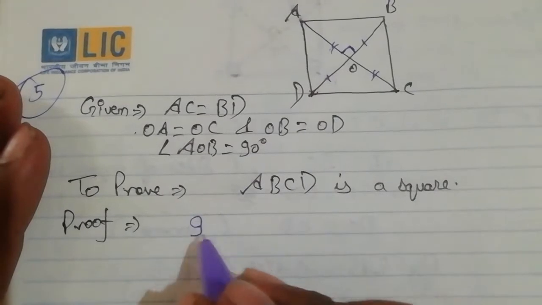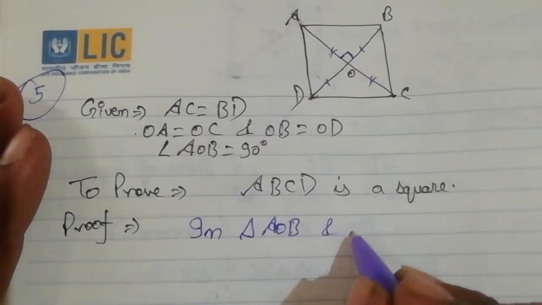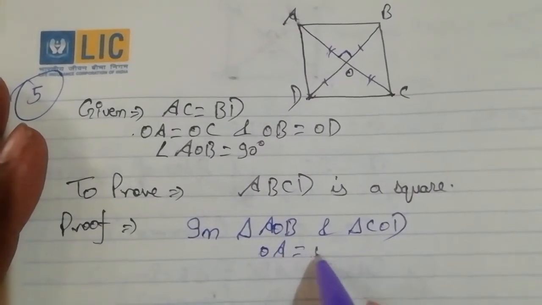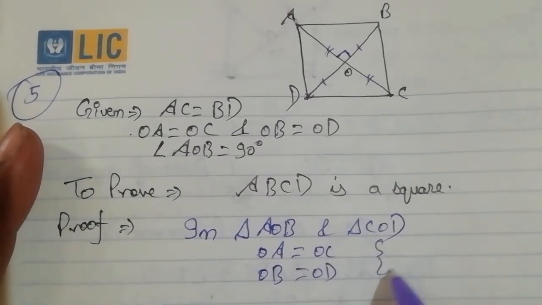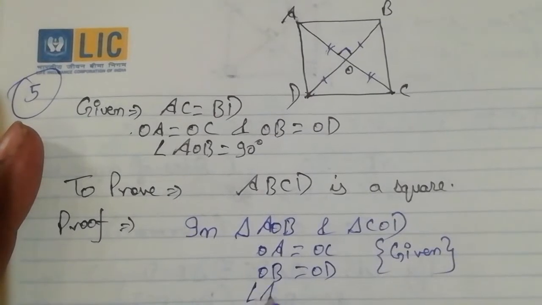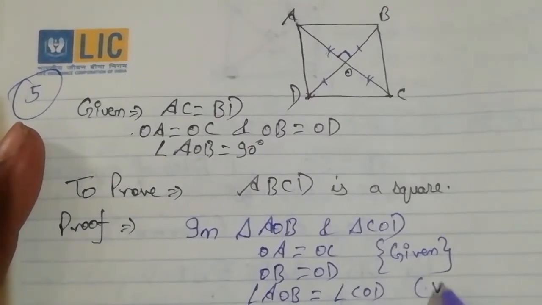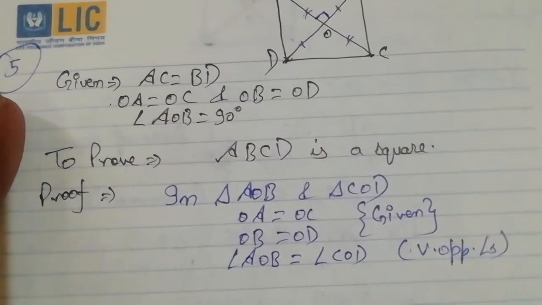For that we need to take triangles AOB and COD, because we have OA is equal to OC and OB is equal to OD. It is given. And look, angle AOB is equal to angle COD, because whenever two lines intersect each other, their vertically opposite angles are equal.